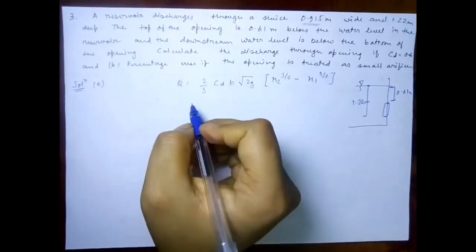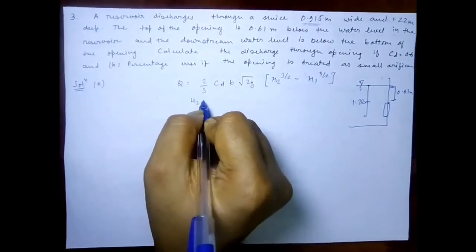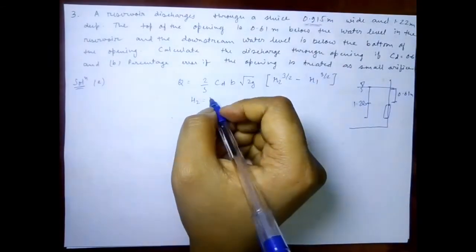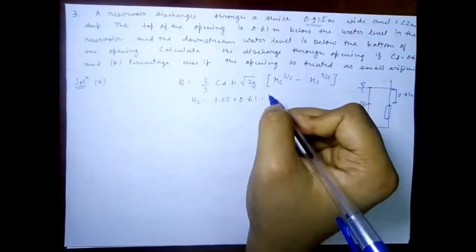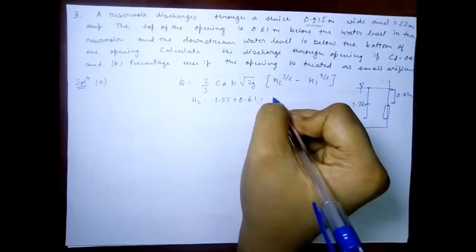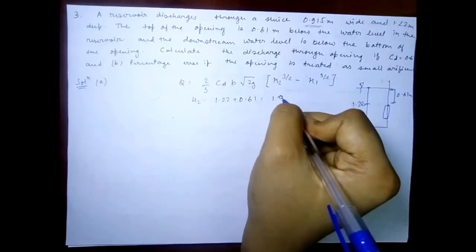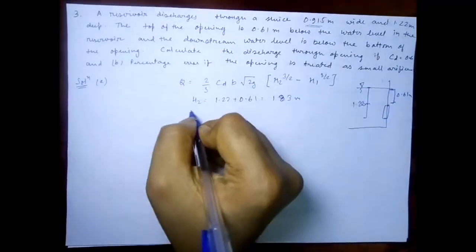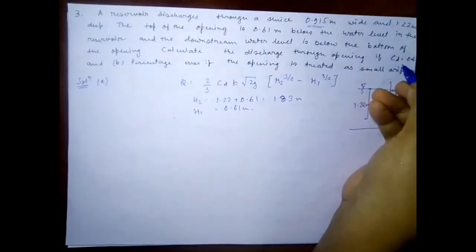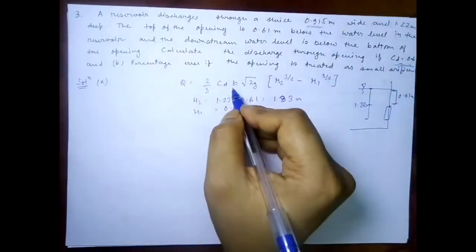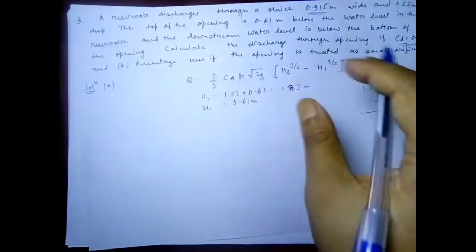So therefore we will get H2 is equal to 1.22 plus 0.61, and that is equal to 1.83 meters, and H1 is equal to 0.61 meter, CD you know is 0.6 and B is 0.915.